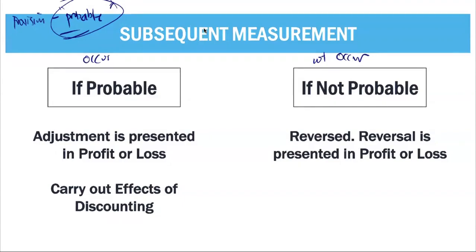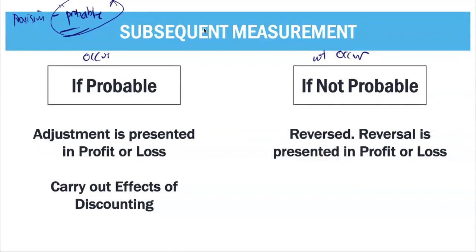If it is probable, the adjustment is presented in profit or loss, and you carry out the effects of discounting. So what is this adjustment presented in profit or loss?